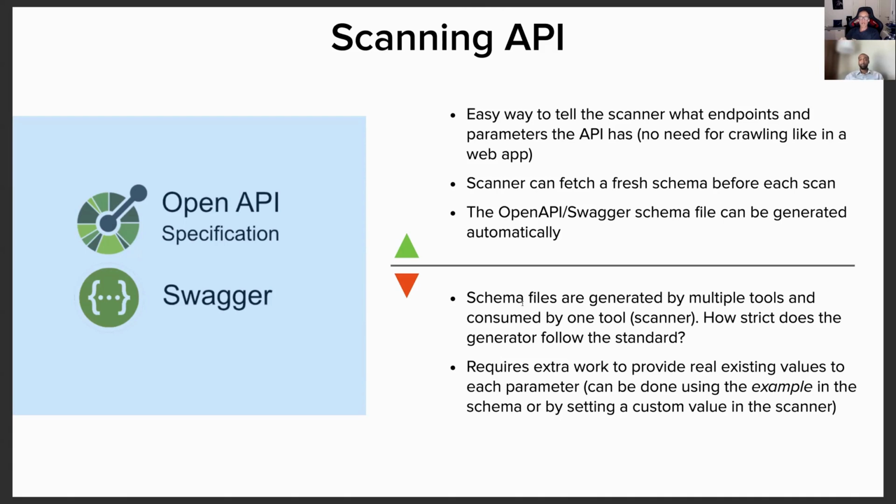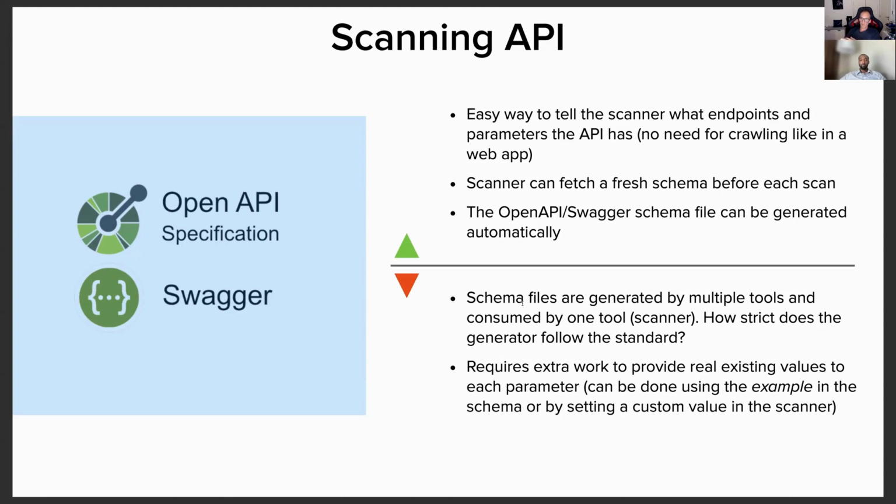If the API changes, if the schema changes, you can also tell the scanner to scan a fresh schema. Basically, it will retrieve a fresh schema before each scan. And for the developer, providing or making an OpenAPI or Swagger schema file is easy.